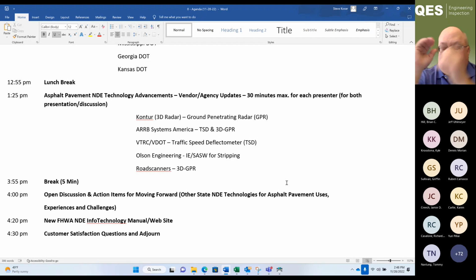There is actually an NCHRP project right now that is working on developing a standard for using these types of devices going forward. Essentially what they're trying to do is make sure that the response from the device is consistent with the expected response for a given pavement structure. Okay, thank you.